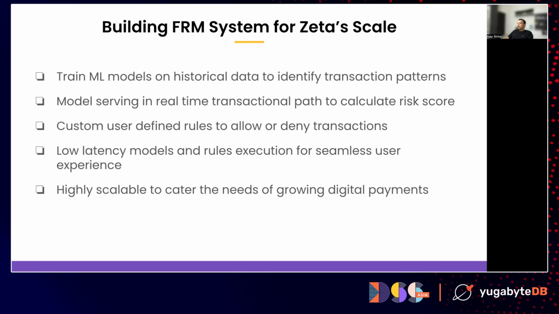We should also be able to define some custom rules through which we can allow or deny a transaction. And we should be able to serve those models and run those rules in a very low latency manner so that the end user experience is not impacted. Given the rate at which digital payments are growing, we should be able to scale this system for a very high throughput.